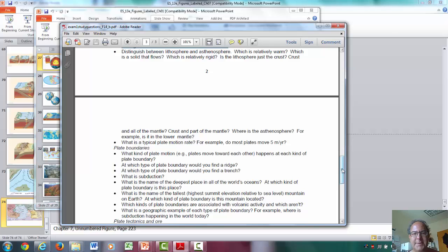Lithosphere, asthenosphere, which is relatively warm, which is a solid that flows, which is relatively rigid. Is the lithosphere just the crust and all of the mantle, the crust and part of the mantle? Where is the asthenosphere? For example, is it in the lower mantle?